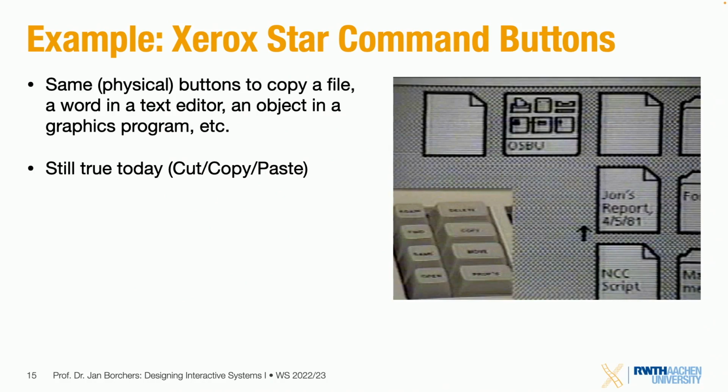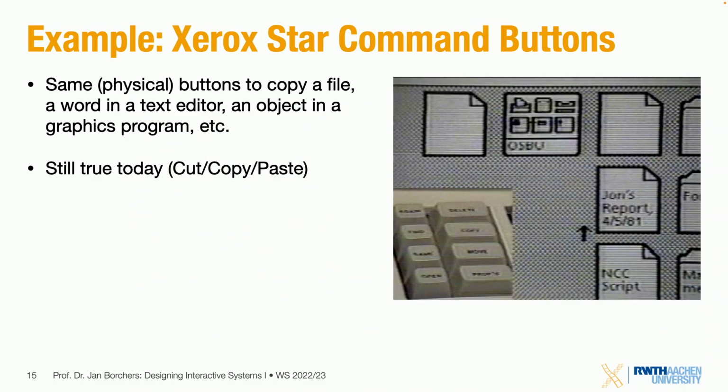Obviously. And you may remember this was the one that built on the ideas of the Alto. And Alto and Star introduced basically the WIMP interface, right? Windows, icons, menus, pointers. And you may remember from the video they had the same physical buttons to copy, whether it was copying a file or copying a word in a text editor or copying an object in a graphics program or whatever.